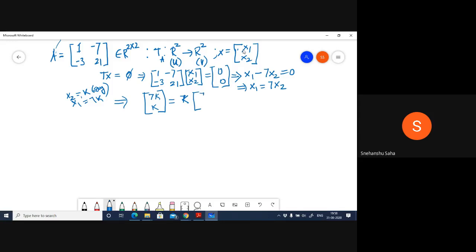k times this column vector. Okay, so all this k is a scalar. So all scalar multiples of this particular column vector will belong to this null space.